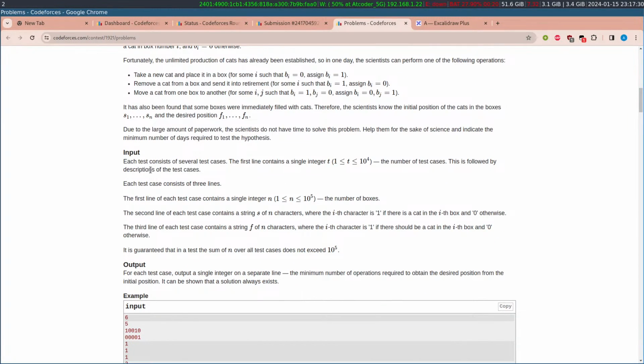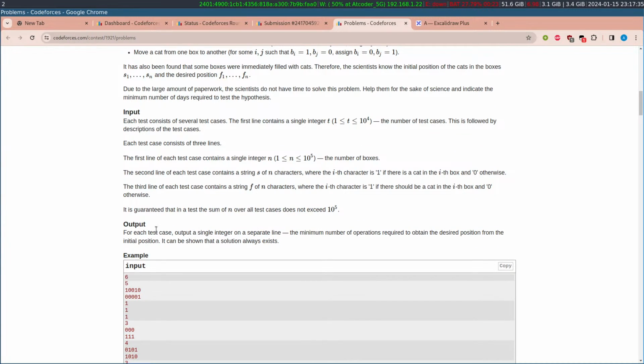In the input, we are given a string S and a string F, the final string required. For each test case, we have to output a single integer on a separate line: the minimum number of operations required to obtain the desired position from the initial position. It can be shown that a solution always exists.